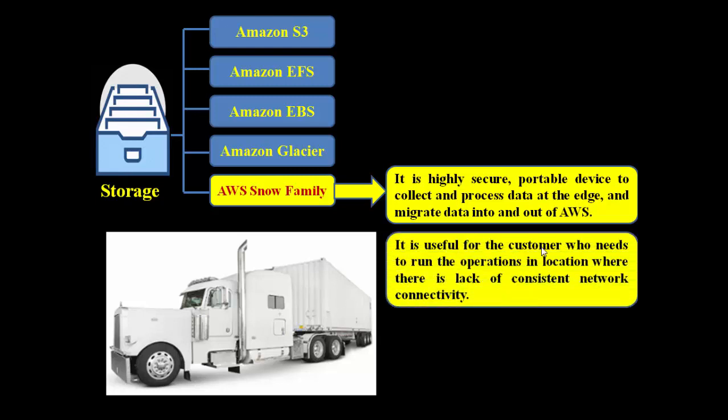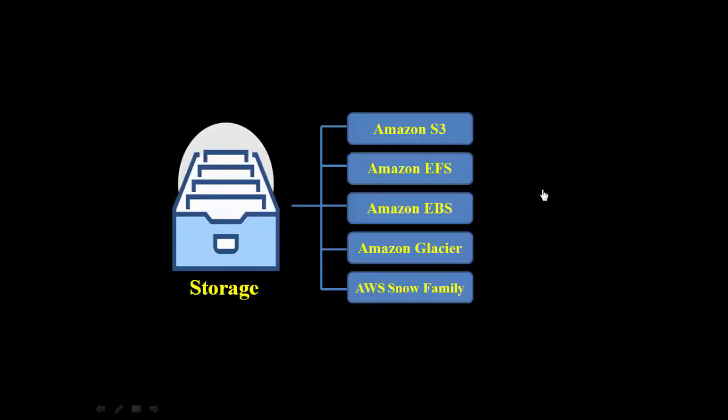It is useful for customers who need to run operations in locations where there is a lack of consistent network connectivity. In this situation, Amazon will get data by using the portable device and can transfer or migrate data to the AWS.